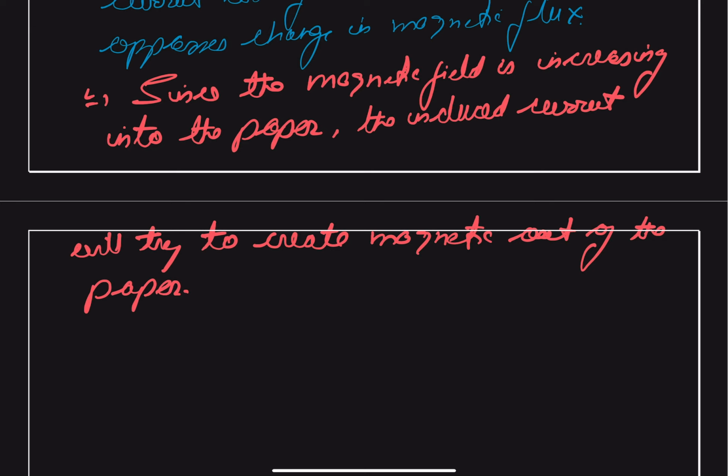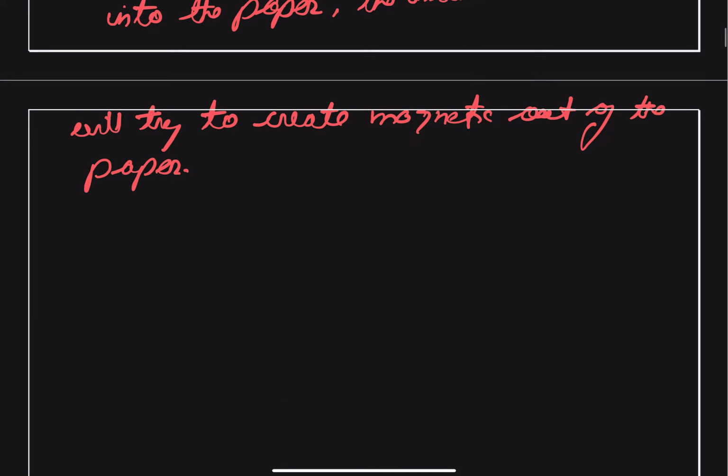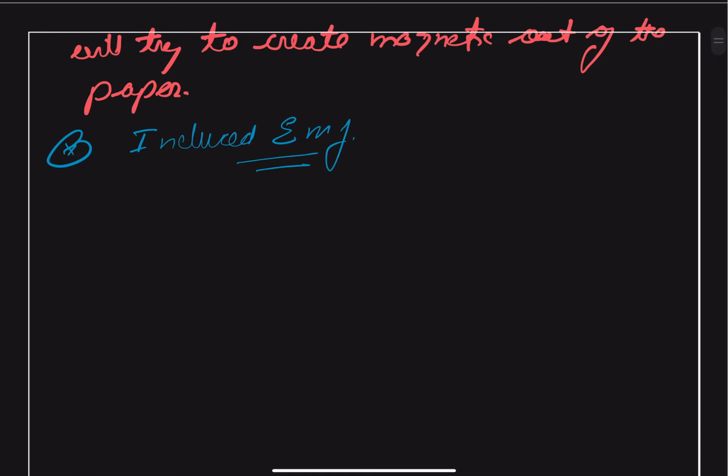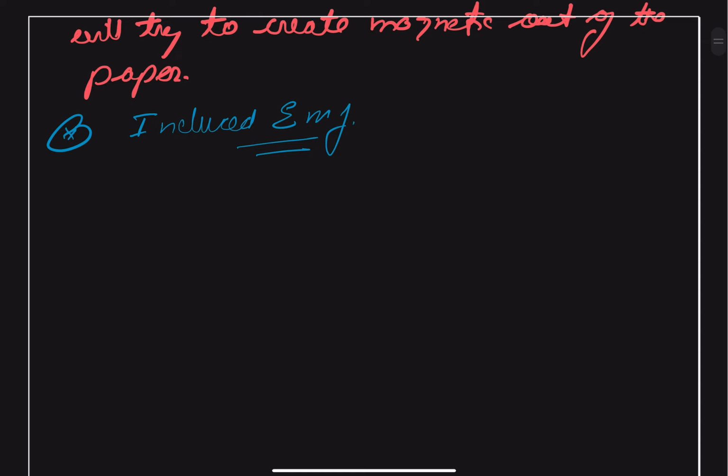So let us calculate the induced EMF of both the loops. For this we are going to use E is equal to minus d phi by dt.